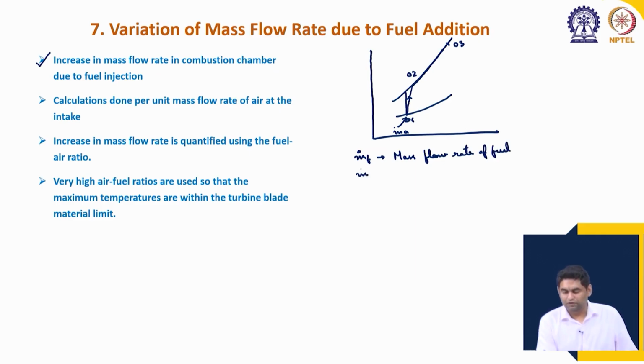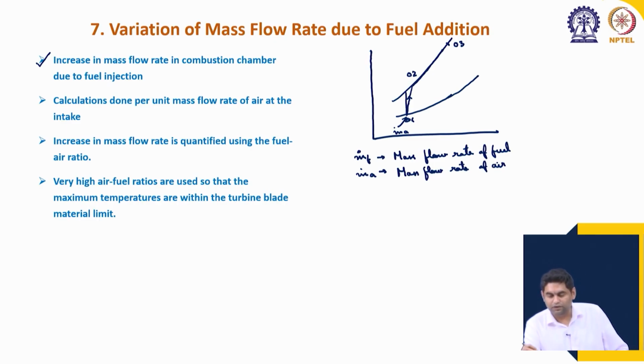And m dot A, which we have already considered before, is the mass flow rate of air. So, for calculation related to the turbine, we now have to consider this new mass flow rate, which is the sum of the mass flow rate of air plus mass flow rate of fuel. So, this is the resultant mass flow rate.